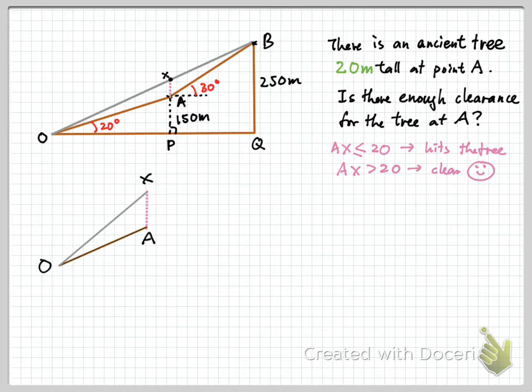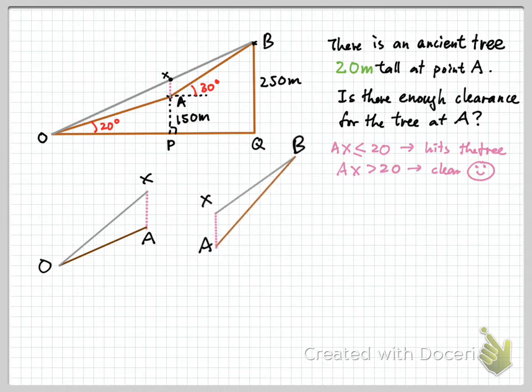Alternatively, you can do it in triangle ABX. You can choose either one as the focus triangle. You might choose this one as the focus triangle. I will demonstrate one method, and you can work out the other method on your own. So this is the other triangle. Either way is okay because all we need is to find the distance of AX.